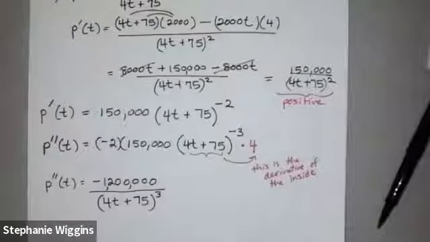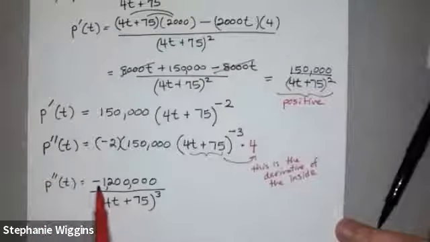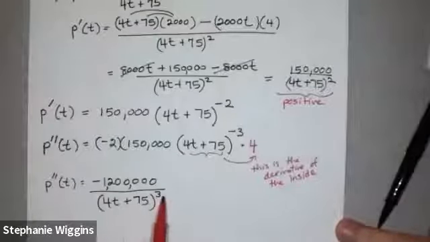But if you look at the acceleration, which is the second derivative, it's negative. This denominator is positive because time is positive. You go forward in time, it's positive, and you cube it, it's still positive, but the numerator is negative. So this whole thing is negative.